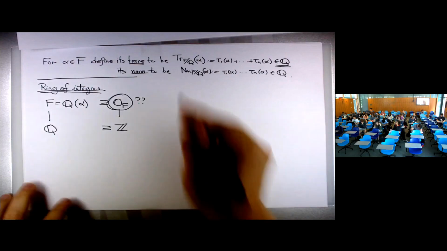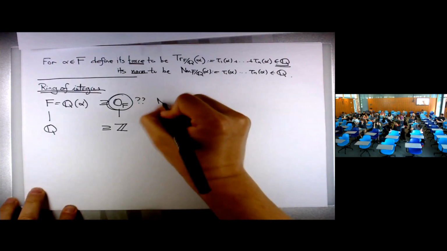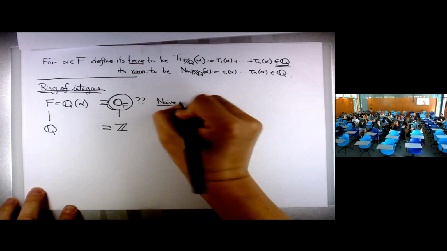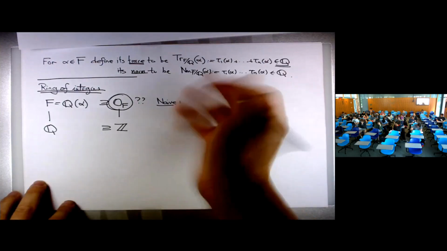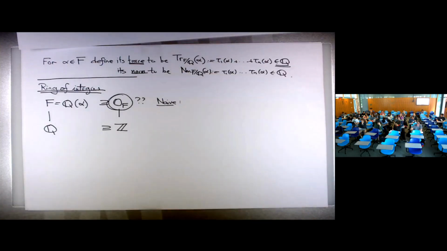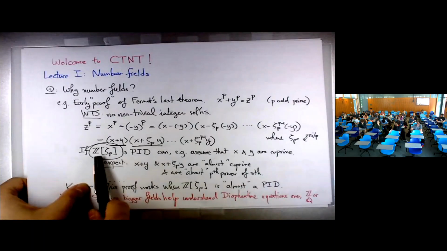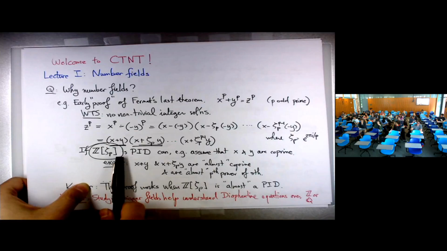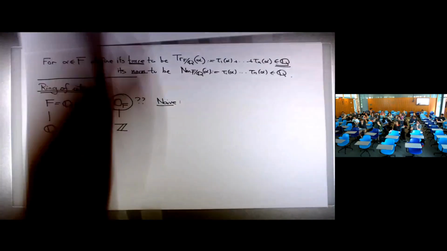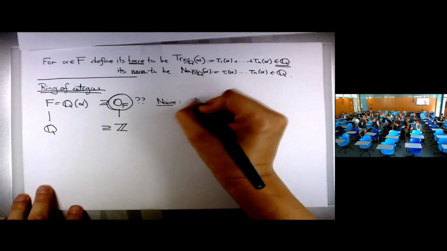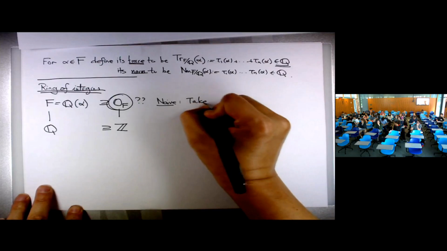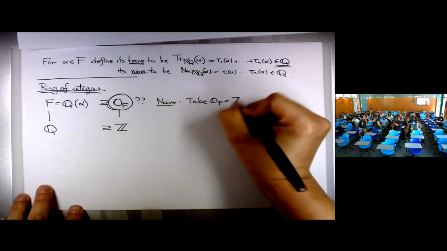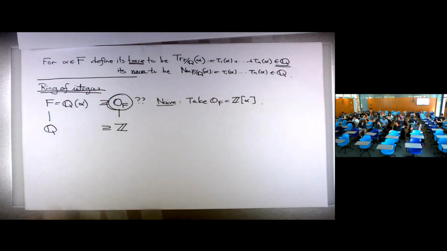So here's maybe a naive guess. You can start with an alpha, like from our last example, where I start with adjoining some zeta p. Maybe I can just take O_F equals Z adjoin alpha. Well, there's a bit of a problem with this.